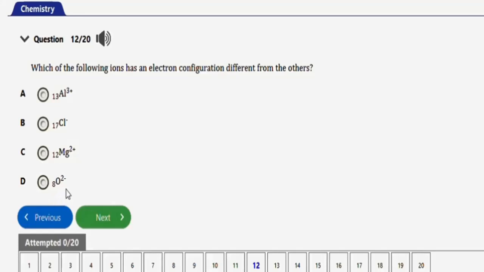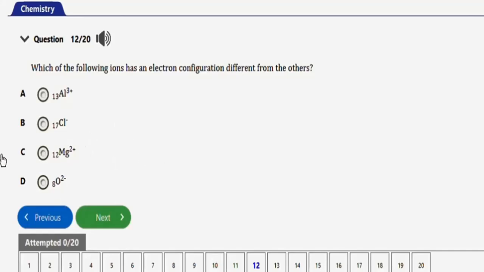This oxygen, a non-metal, takes part in chemical reaction to gain 2 electrons to form the noble gas neon. But this chlorine here takes part in chemical reaction, gaining 1 electron to form the noble gas argon.